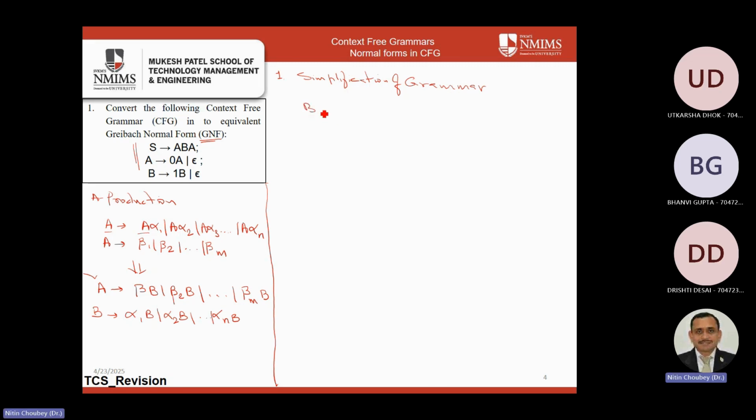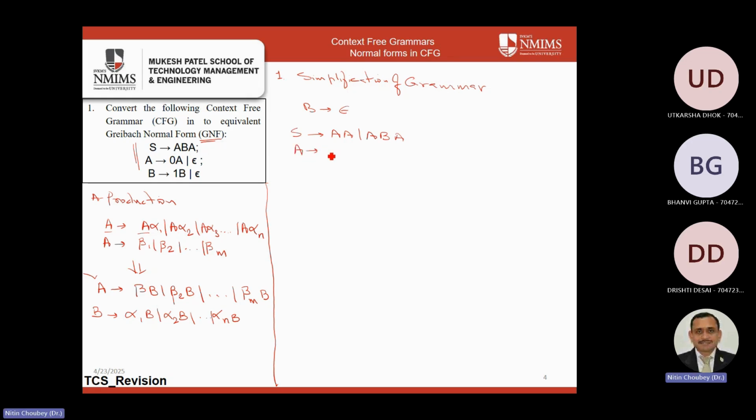So focus first on removal of B gives epsilon. After removal of B gives epsilon, in the first production we will have A or ABA. This would be from S gives ABA.